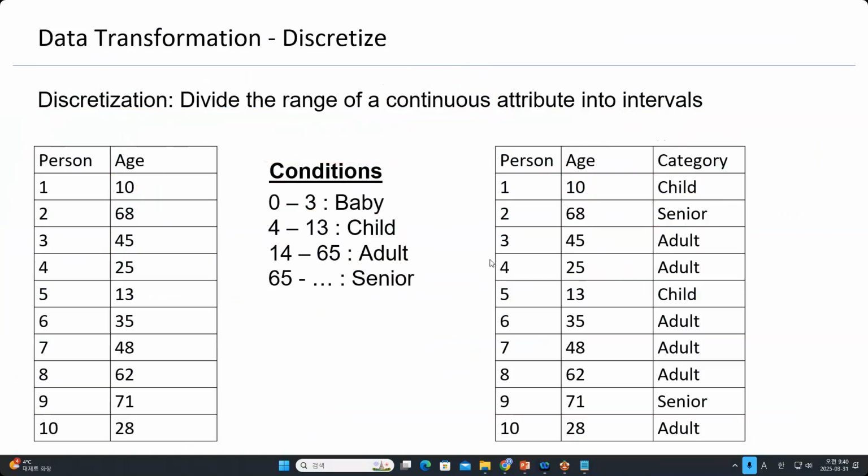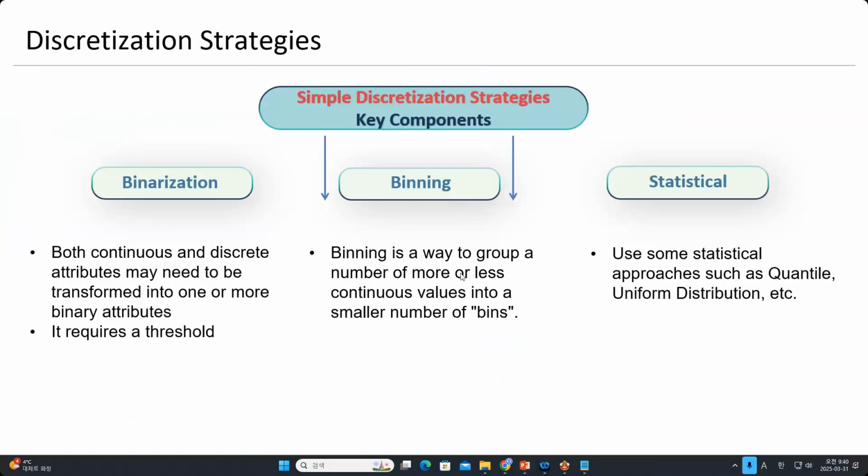There are three kinds of strategies for the discretization method. The first we call binarization. Binarization means both continuous and discrete attributes may need to be transformed into one or more binary attributes. Binarization comes from the word binary.